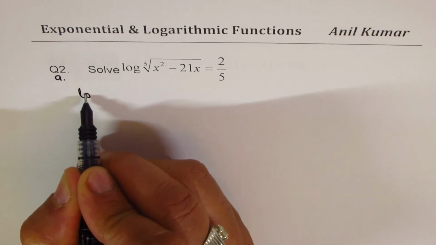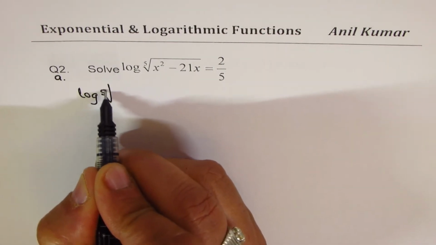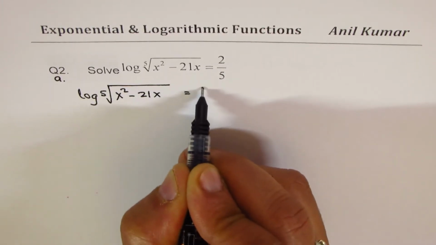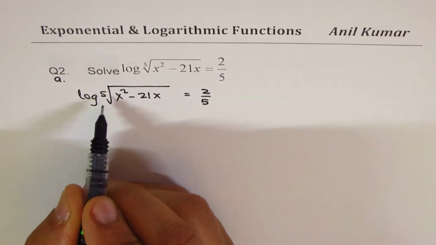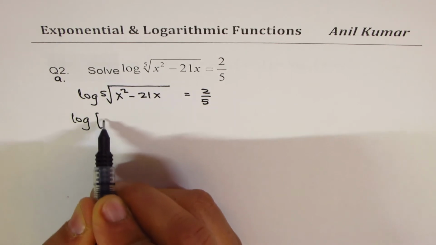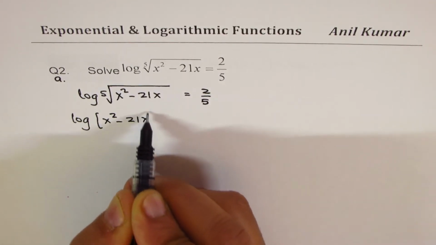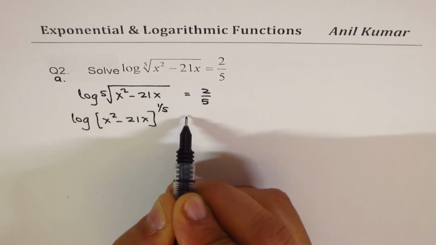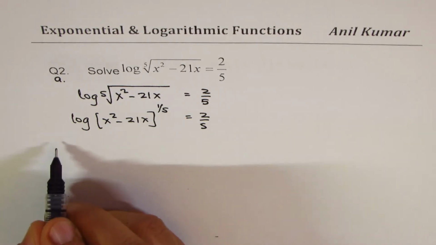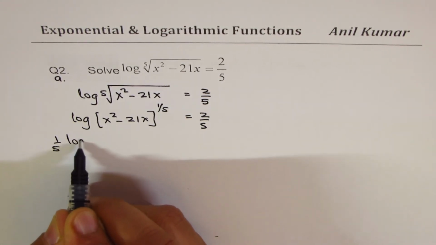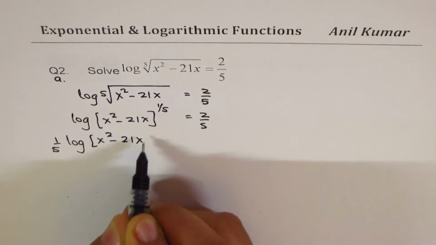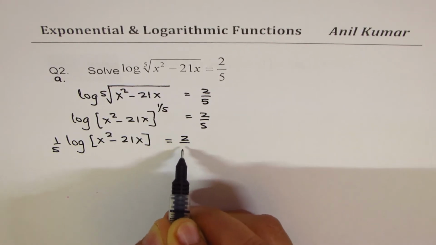Let me rewrite this question. We have log of the 5th root of x squared minus 21x equals 2 over 5. So 5th root means, let's rewrite like this: log, the base is 10, of x squared minus 21x to the power of 1 over 5 equals 2 over 5. 1 over 5, using the power rule, I could write as 1 over 5 log of x squared minus 21x, and that equals 2 over 5.